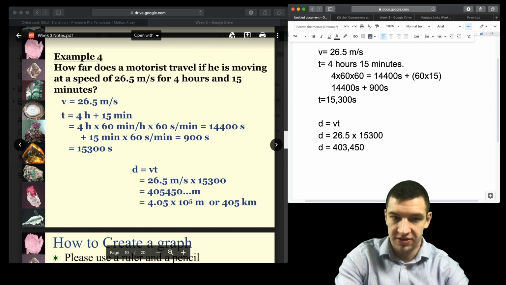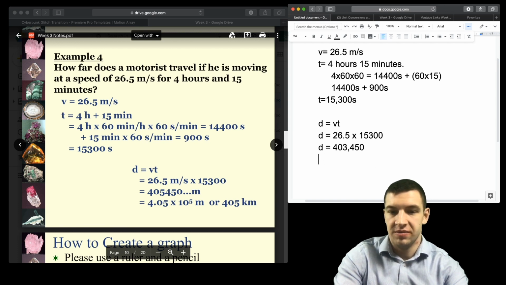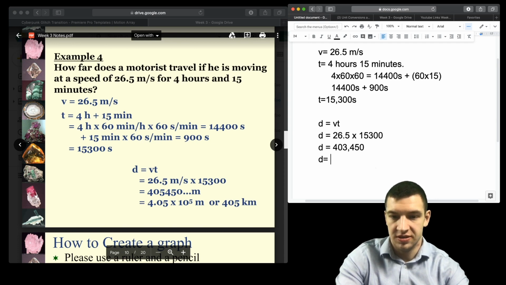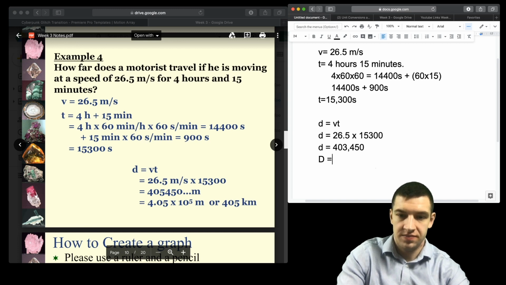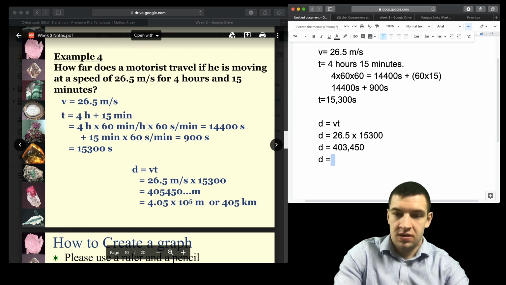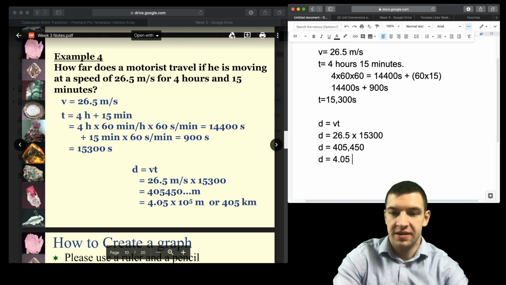Now, this is where scientific notation comes in, because we want to do that here. So the rule of scientific notation is we have to lower it down to a number between 1 and 9. So we can go distance equals 40 is bigger than 9, so it has to be 4.05 times, how many times did we move the decimal point? 1, 2, 3, 4, 5.